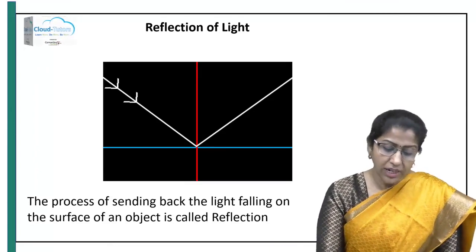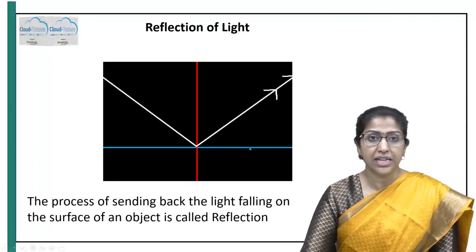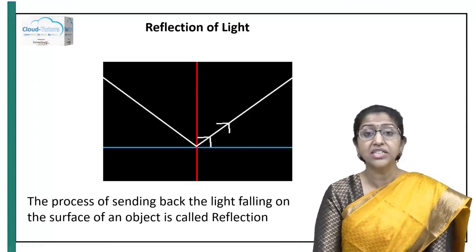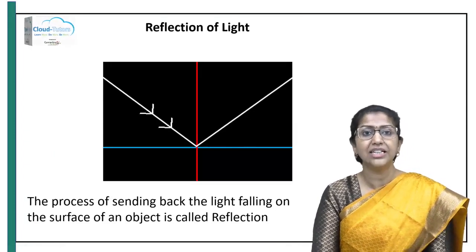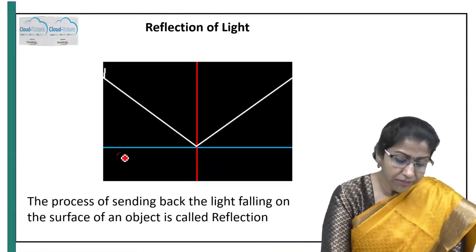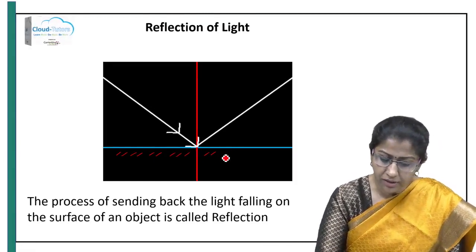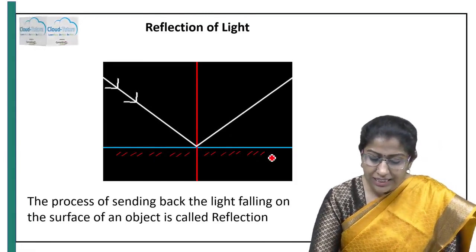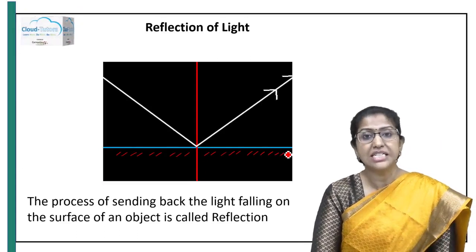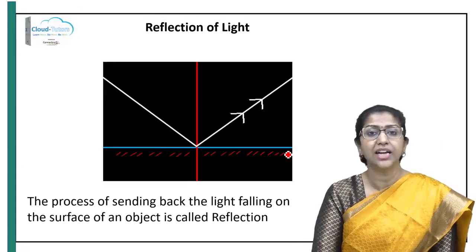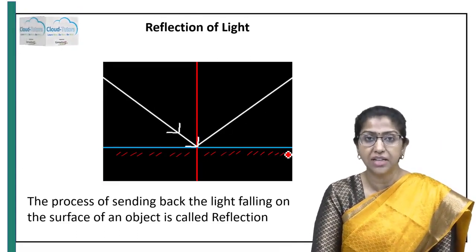All right. So in this picture, as you can see, we have considered only one ray of light, and it is falling onto the reflecting surface. Let's consider this as a mirror. When I shade it, this part of the surface is the non-reflecting surface, and the other one is the reflecting surface, right?